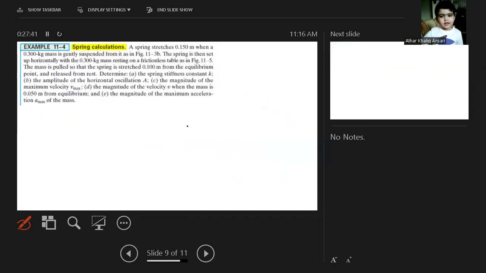Okay, now this is the one question that will give you the whole scenario. The first one, you have a spring that is stretched 0.15 meter when a mass of 0.3 kilogram is suspended. So you have this one, and it is initially here. When you suspend the 0.3 kilogram, it is stretched to this distance, and this is 0.15.